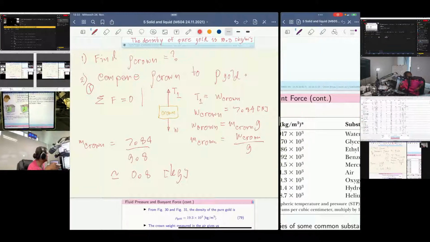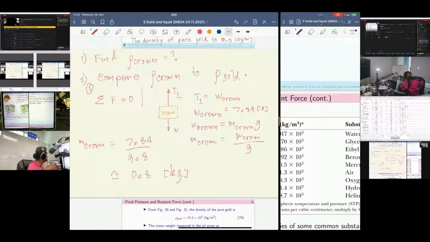So now we already get the mass of the crown, right? But our destination, our target is rho of the crown, right?